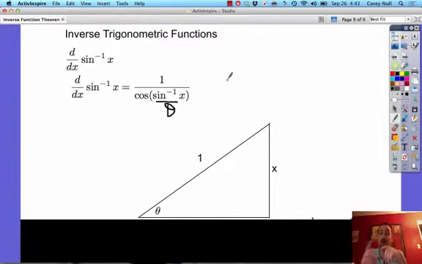Now remember SOHCAHTOA. Sine is opposite over hypotenuse. X is a ratio, so x over 1 is a ratio. From the perspective of this angle, the ratio is x opposite over 1 hypotenuse. It's a right triangle. So theta is inverse sine of x.